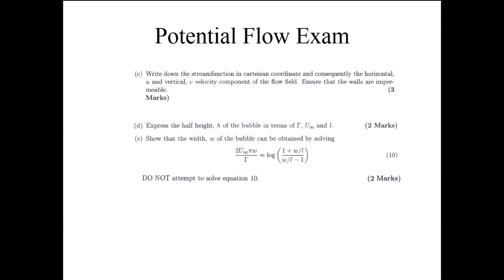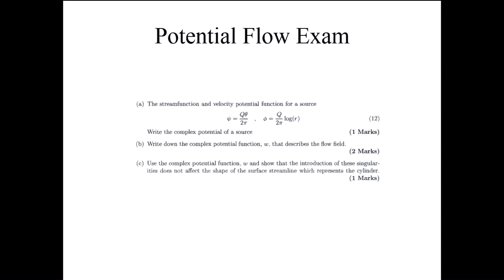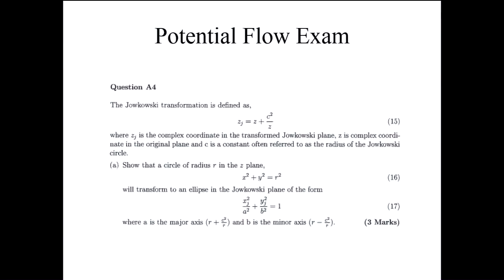The next one is another complex potential question, and the last one is about the Joukowsky transformation. So be prepared: whatever is covered in the lecture should show up in the exam.